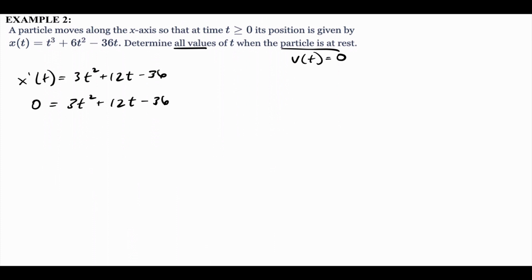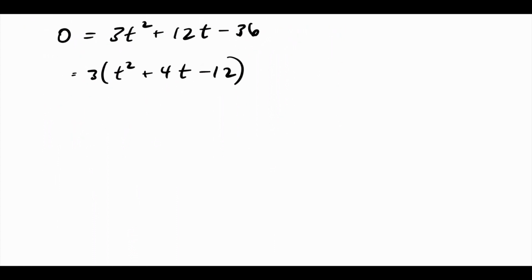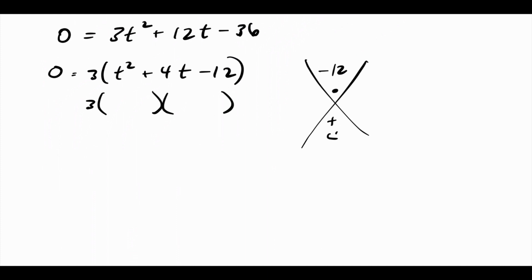It's a trinomial. So GCF, I think we can divide them all by 3. Factor it. So we got to come up with the two numbers that multiply to be negative 12 and add up to be 4.